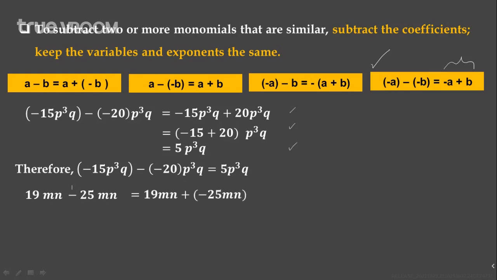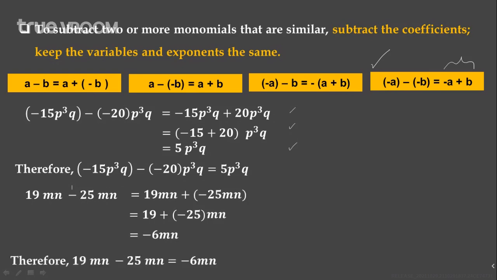Next, we will combine 19 and negative 25. Copy mn. And your answer earlier is negative 6mn. Very good. Next, how about if we have 2 or more monomials, 3, 4, or 5 monomials?